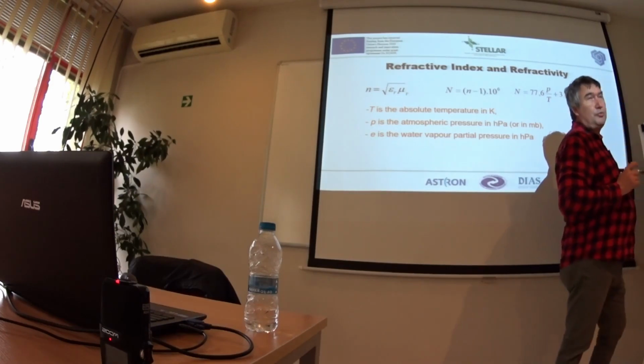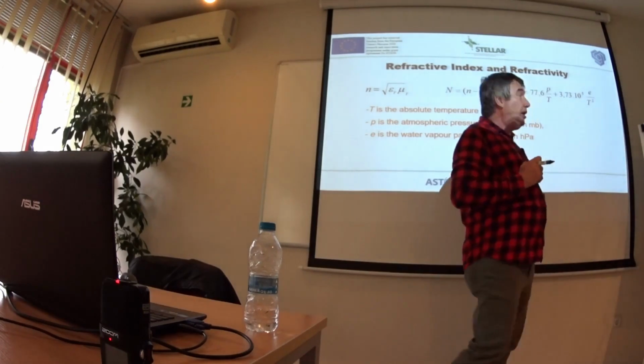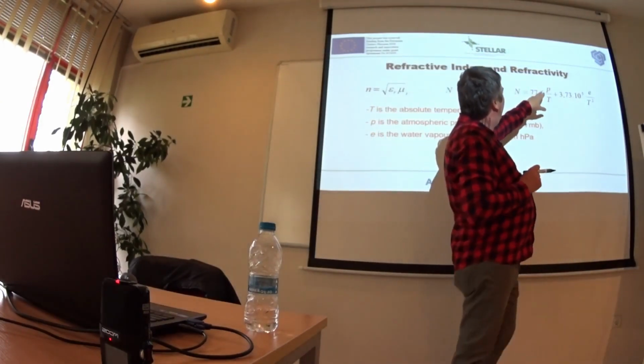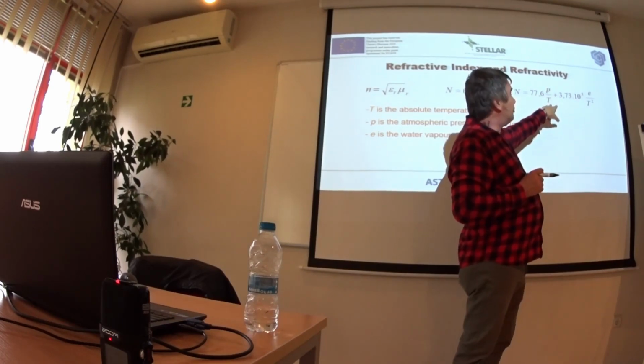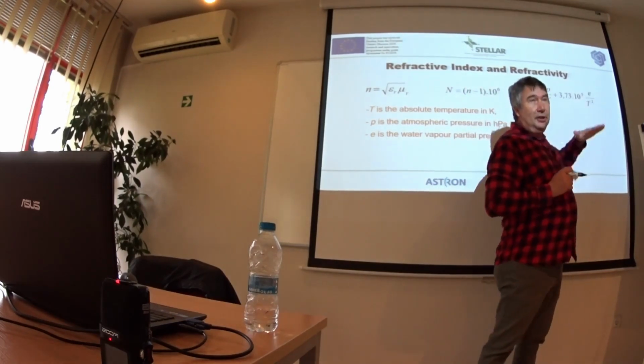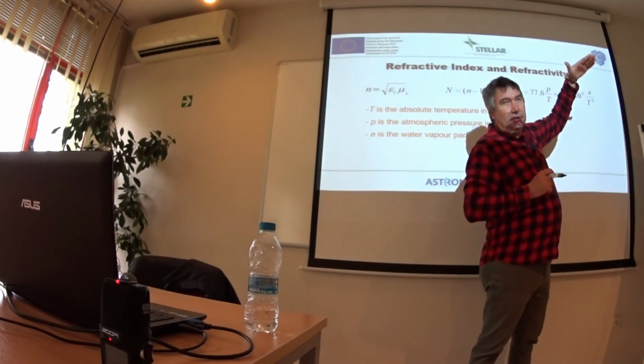And this is called tropospheric refraction. This is caused by different pressure, temperature, and humidity at different heights in the troposphere.